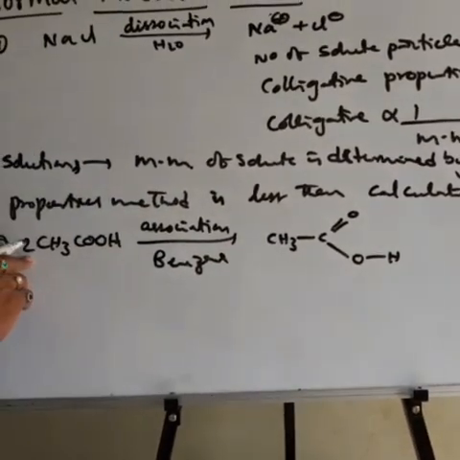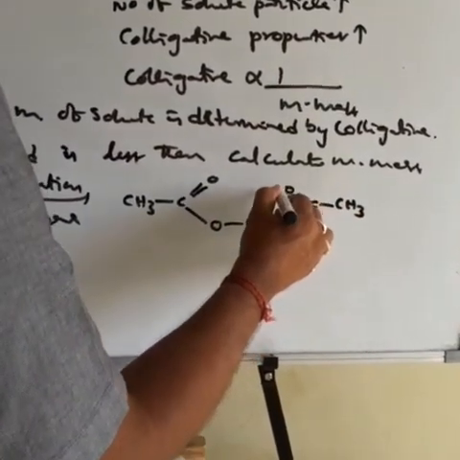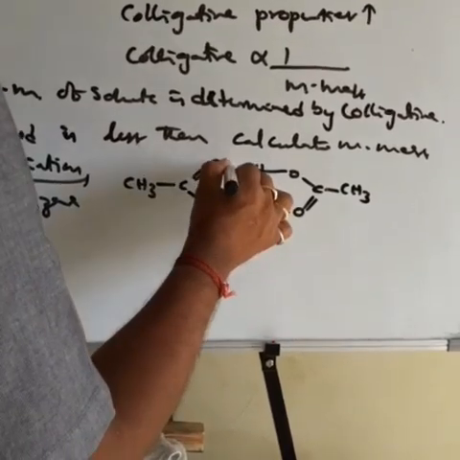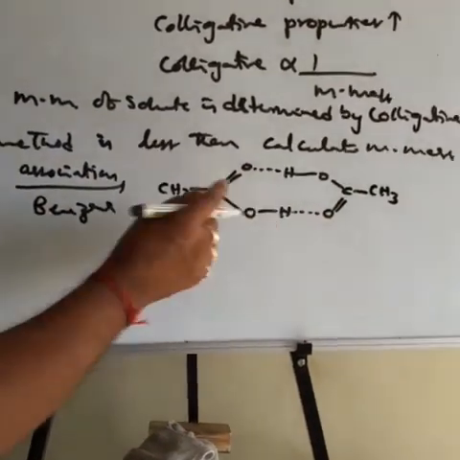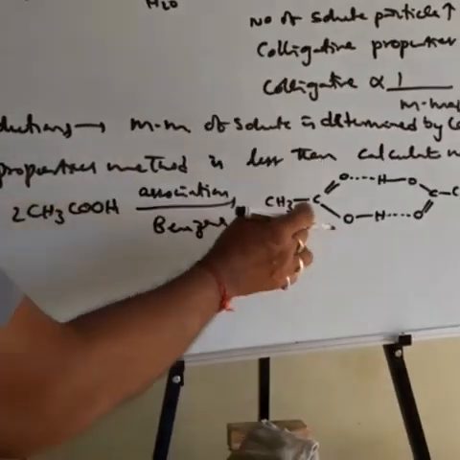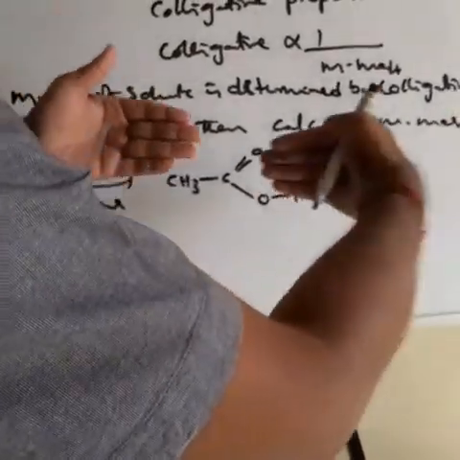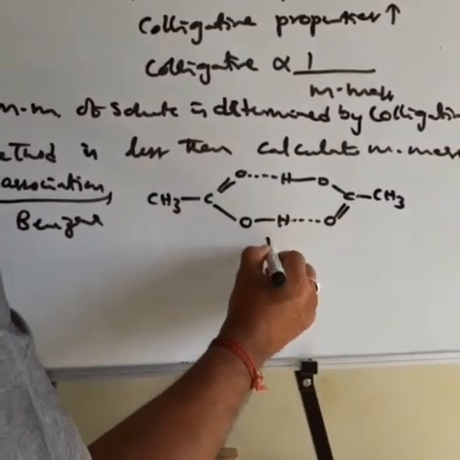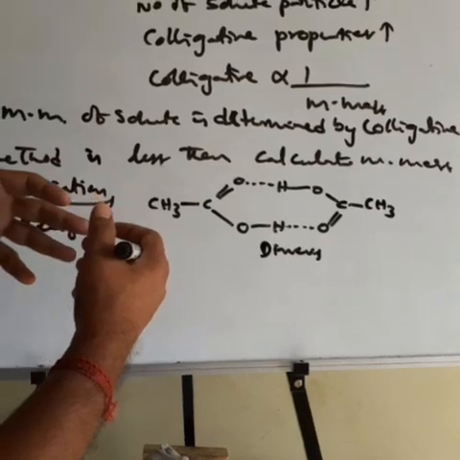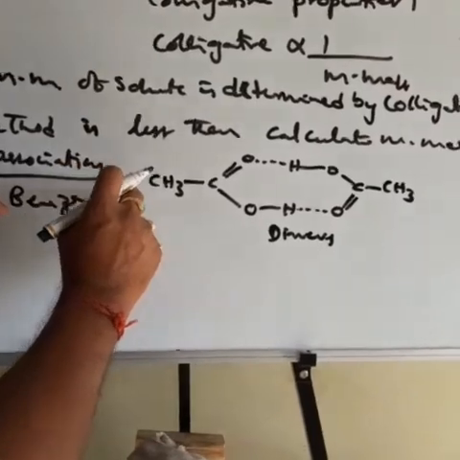We are taking only two molecules here. The molecules undergo association to form dimers or trimers. A dimer means two molecules are bonded through hydrogen bonds. Like that, three molecules associated by hydrogen bonds form a trimer.